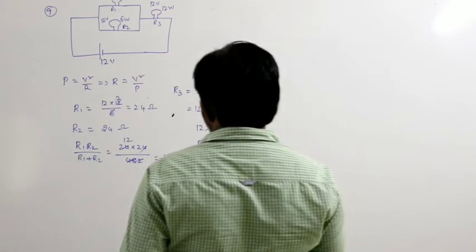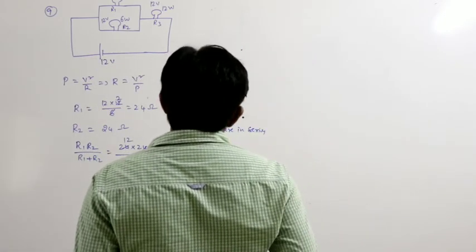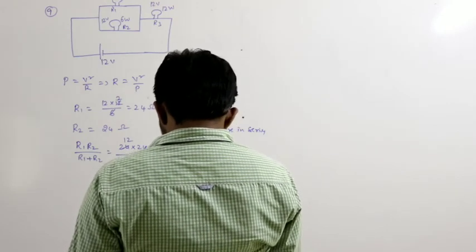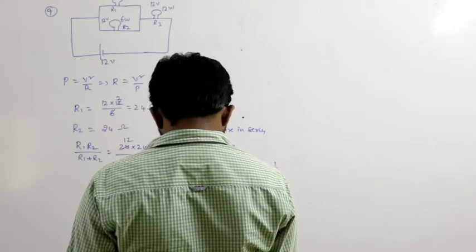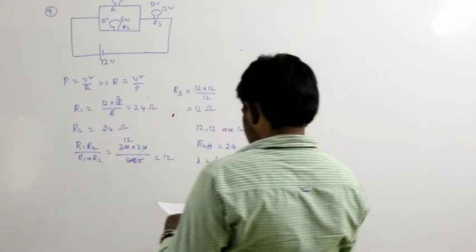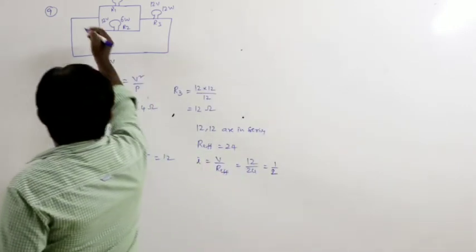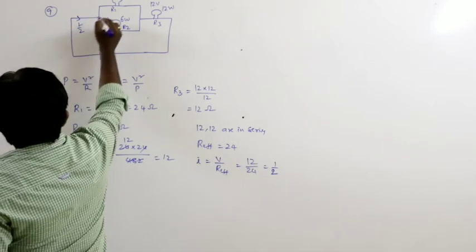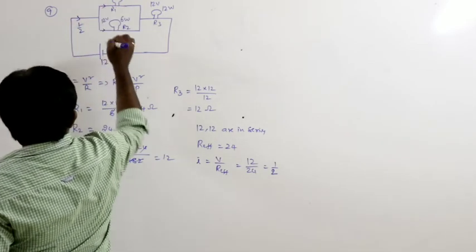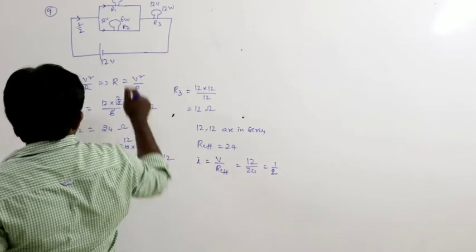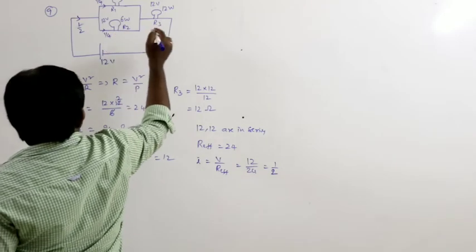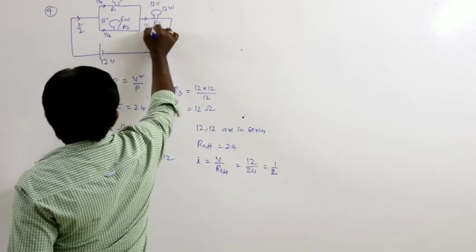I square R. Here the total current passing through the system is 1 by 2. Here 1 by 2 divides equally because the resistances are 24 and 24. Here the current is 1 by 4, here the current is also 1 by 4, and again here 1 by 2.